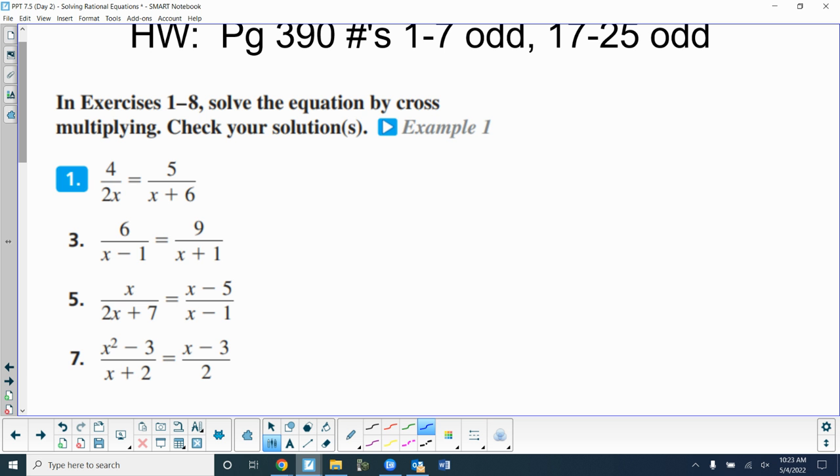So, number 1, you get x is 4. Number 3, x is 5. Number 5, x is negative 5 and positive 7. And number 7, x is negative 1 and 0. Any of those you would like me to go over?